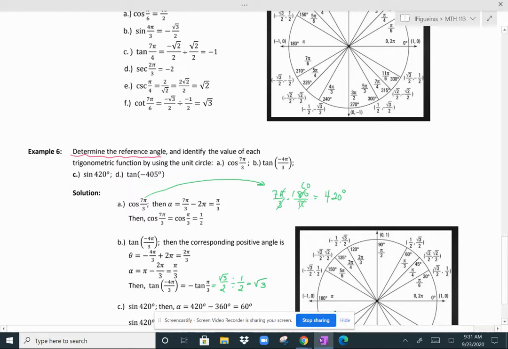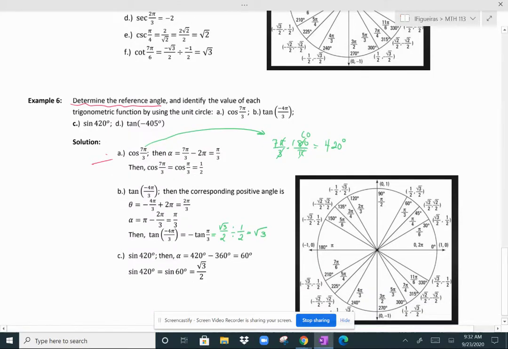All right, so our first one is cosine of 7 pi over 3. So in order to find the reference angle, it would be helpful to know where 7 pi over 3 lives, because you don't see it anywhere on the unit circle picture. So I converted it to degrees, which is what you see here on the right. So it's 420 degrees.